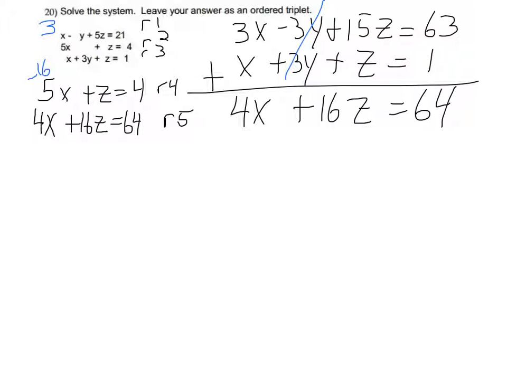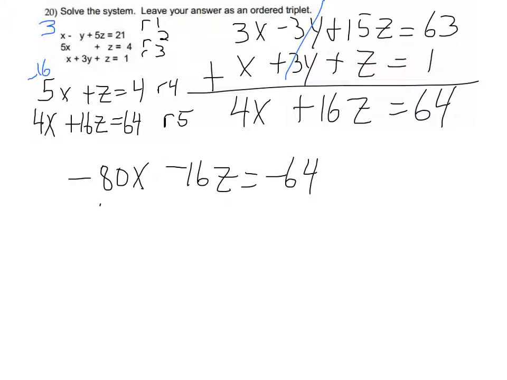Distributing that through, x minus 16z equals negative 64. So that's minus 16 row 4.